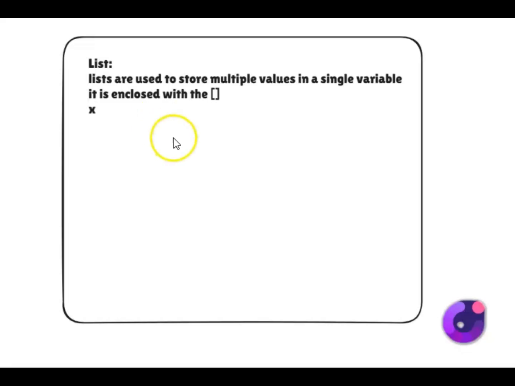Let's create a variable x. X equal to, let's write multiple values, and they're called items.